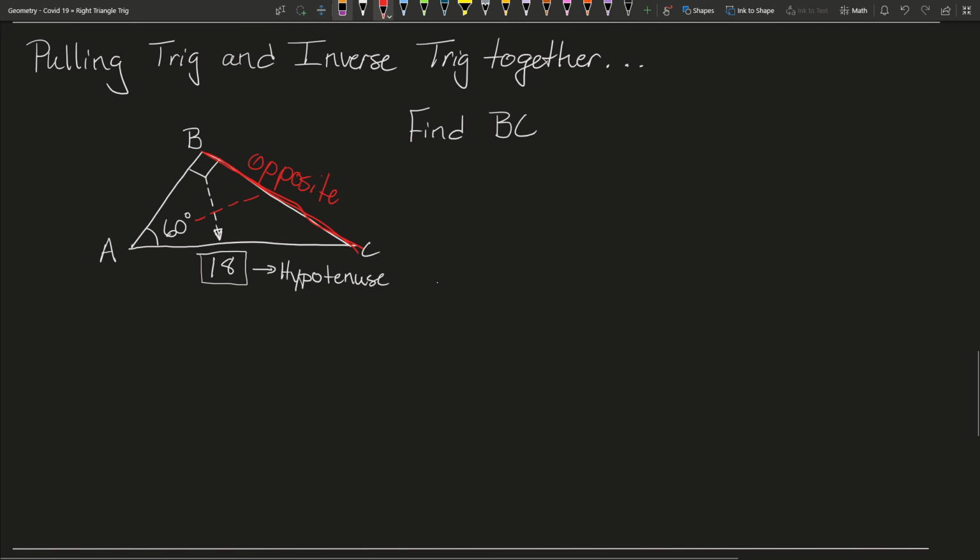First we have to set up an equation. Because we need to find the opposite side and we have the hypotenuse, we can write a function in terms of opposite and hypotenuse. So the sine of our angle will equal the opposite over the hypotenuse, which is just equal to some unknown over 18.